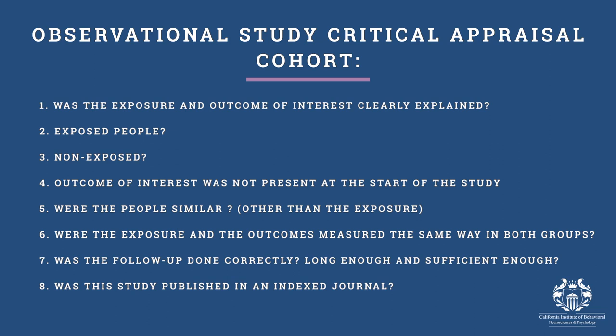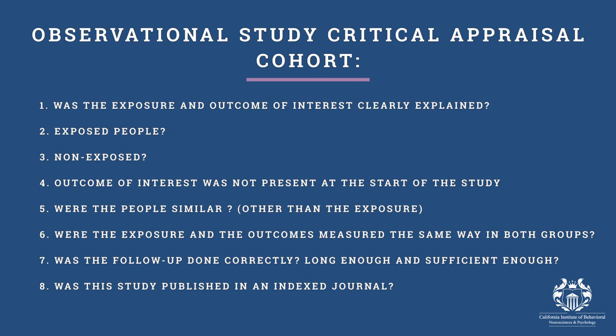Now, the outcome of interest was not present at the start of the study. That will be a big bias. That will be a big mistake if that outcome of interest is present in the beginning. If you are checking whether smoking leads to cancer, and the patients already have cancer, then the study is void. It's not a good study, of course, right?